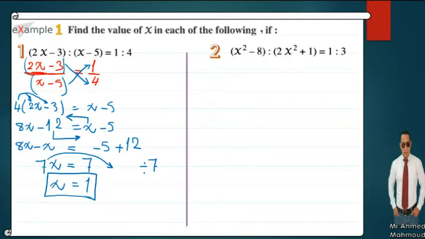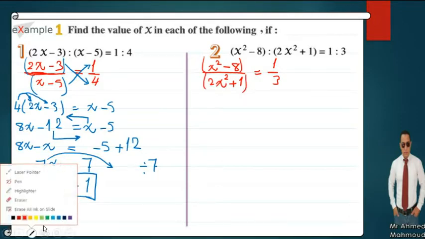First I'm going to write a fraction, and here I'm going to write x power of 2 minus 8 over 2x power of 2 plus 1 equals 1 over 3. This bracket is multiplied by 3 and this bracket is multiplied by 1 like this.